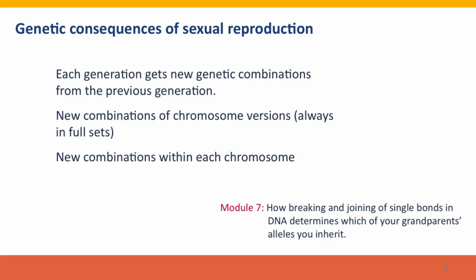And these new combinations arise in 2 ways. First, we get new combinations of chromosomes, but then there's this second process called crossing over, whereby even following a single chromosome, we see that there are different versions of it than were present in either parent. All of this will be discussed in great detail in Module 7. For now, what you'll learn in this lecture is really all you need to know.